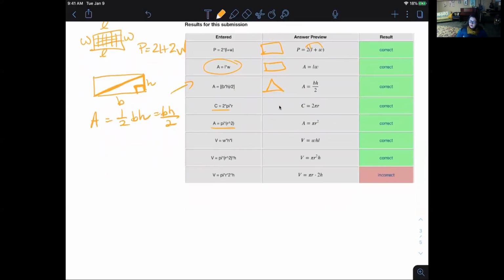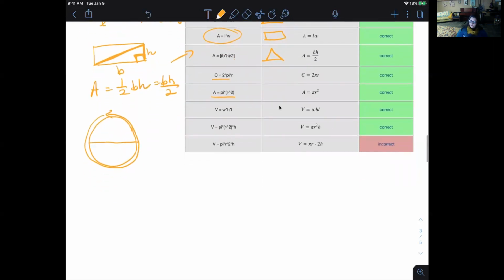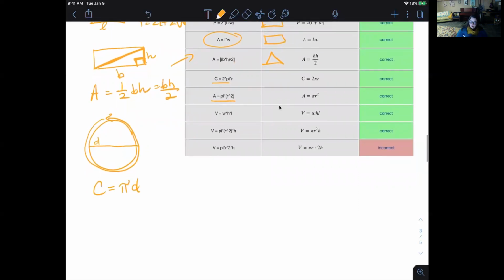And then for circumference and area of a circle. When you have a circle, we'll do the circumference first, which is the distance around the outside of the circle. Circumference is pi times the diameter. The diameter goes all the way across, whereas the radius is half of that. So we could say that's 2 radius times pi.